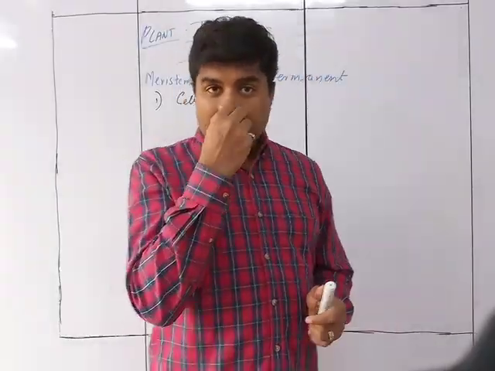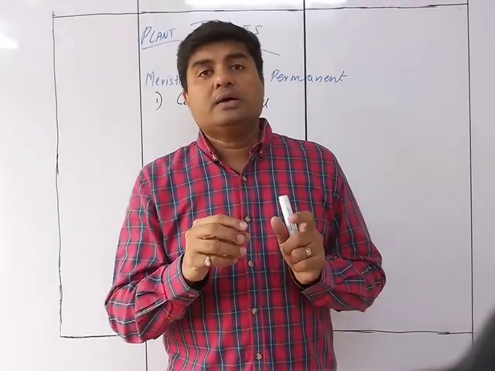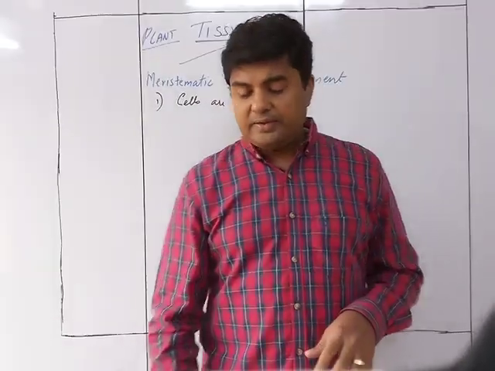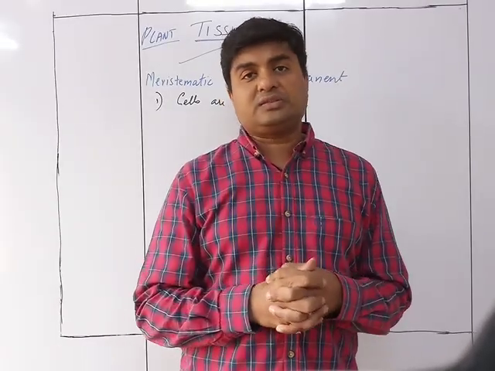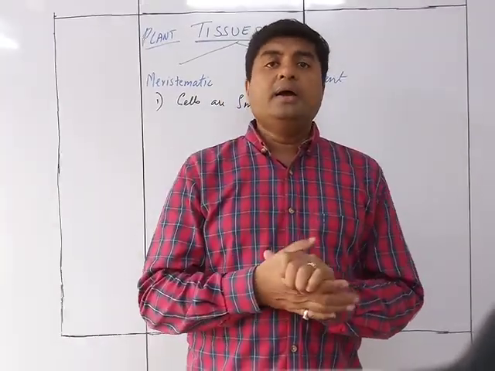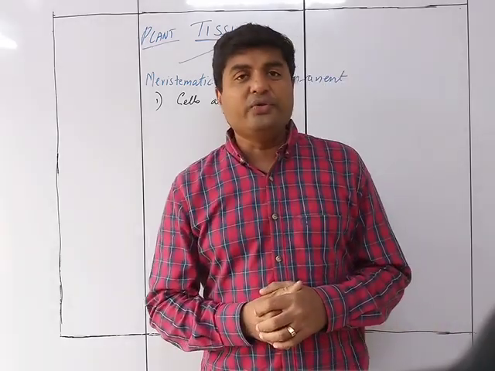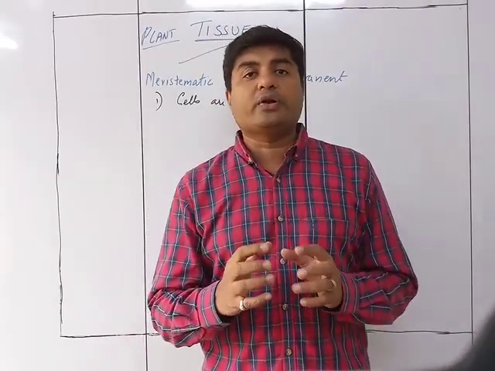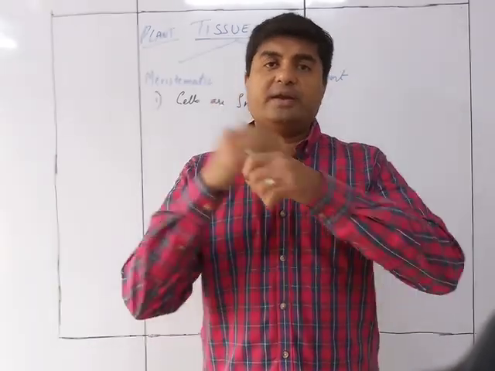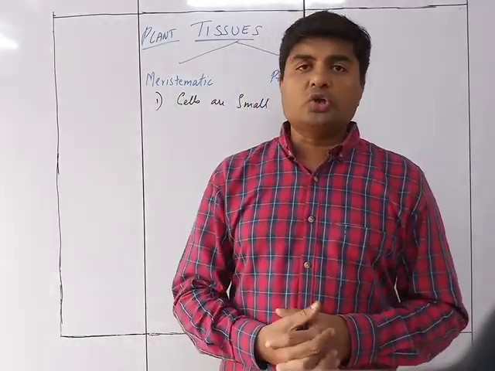Another thing is, it needs to be small because it is the one which divides the maximum. And when a cell keeps on dividing, it needs a lot of nutrition because cell division is a process where it requires a lot of proteins and nutrition so that it can go about for the growth of the plant.